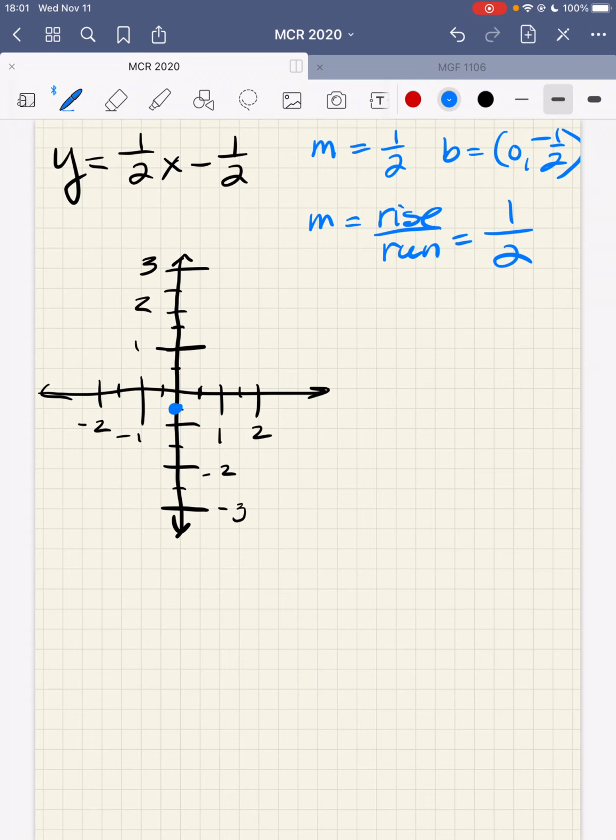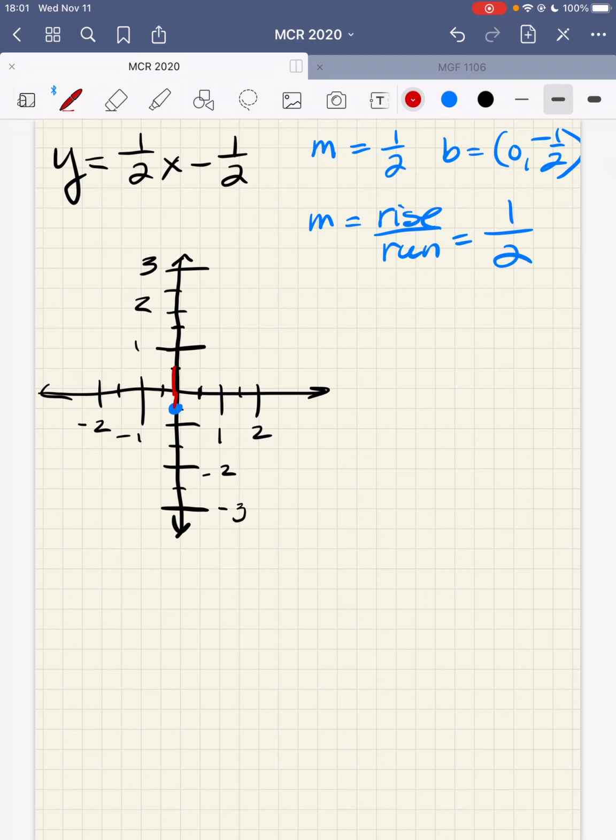from my original point. Okay, my hash marks are now in halves, so I have to rise up a total of 1. So if I go up from -1/2 to the origin, that's only 1/2. In order to actually rise up 1, I have to go to +1/2.